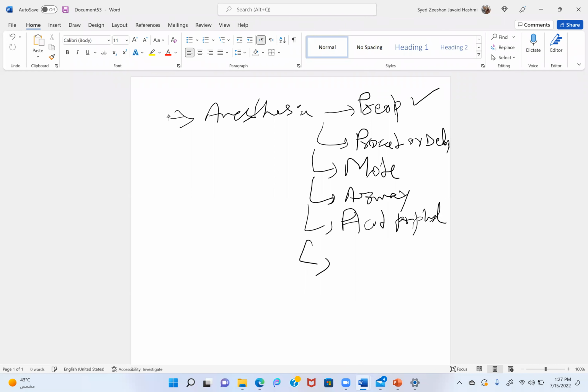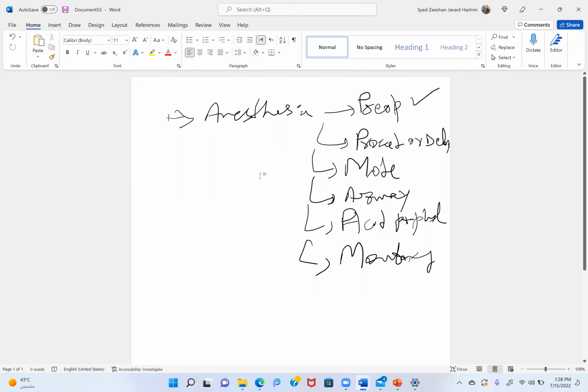And then you will be thinking about any specific monitoring needed in that patient. For example, if you are dealing with any neuromuscular disease, you should take care of the neuromuscular weakness or altered response to medication, so you will be doing neuromuscular monitoring. If there is a chance of bronchospasm, you will be looking at the airway pressures.